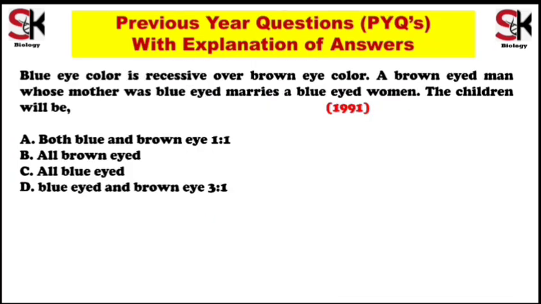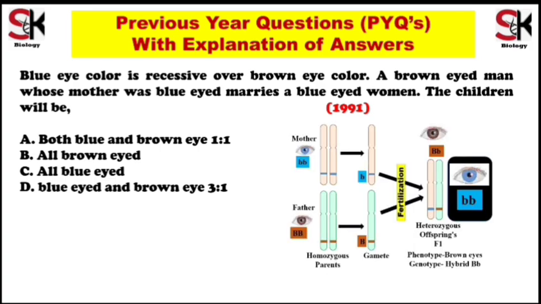Next question. Blue eye color is recessive over brown eye color. A brown-eyed man whose mother was blue-eyed marries a blue-eyed woman. The children will be? Here I have shown that mother is blue-eyed recessive and father is dominant. Then only it is possible that this man will have heterozygous genotype with brown eyes.